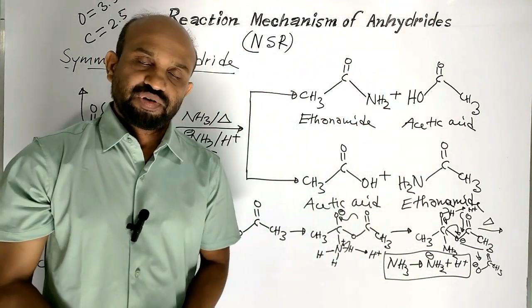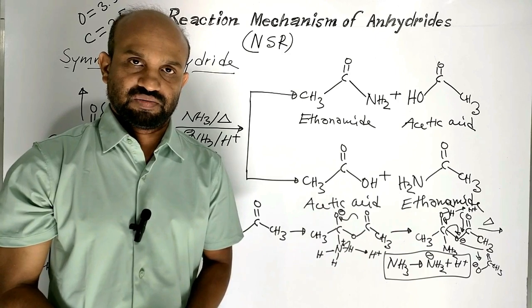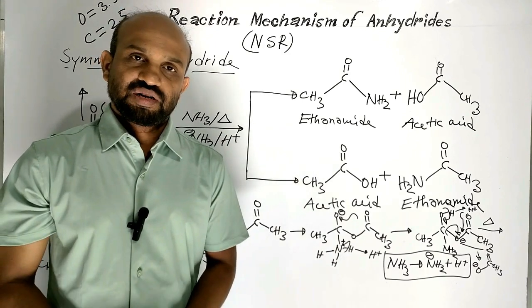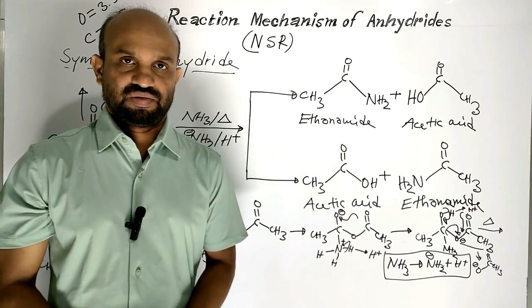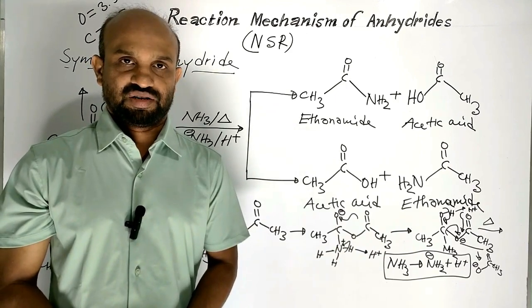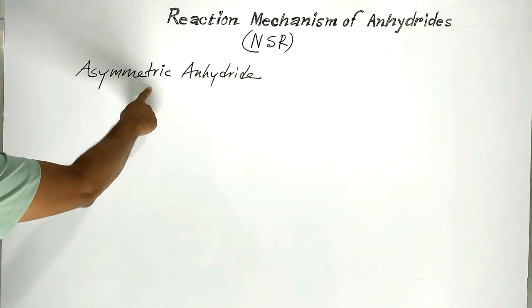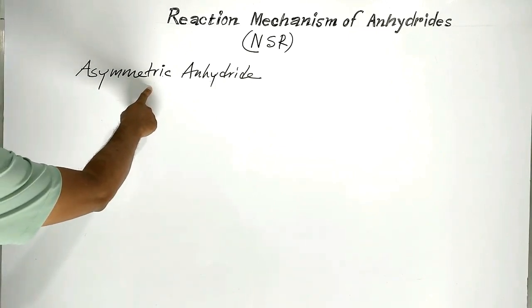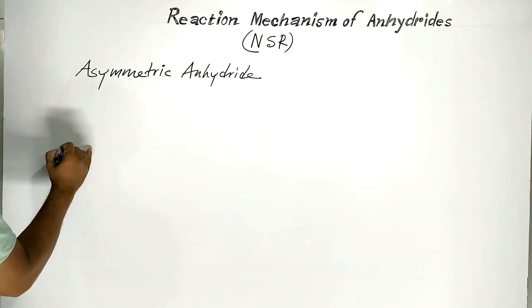So nucleophilic substitution occurs here. This is the reaction mechanism of symmetric anhydride. Now let us see reaction mechanism of asymmetric anhydride. Let us write one asymmetric anhydride.